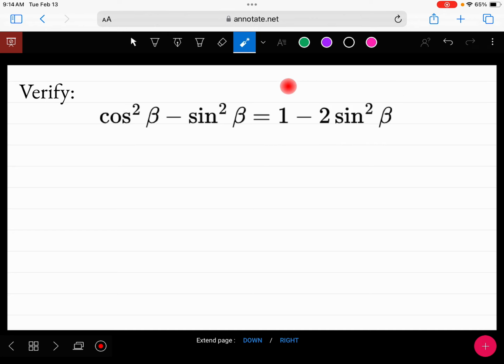So what I notice over here is that everything's in sines. And over here I have a cosine. It's cosine squared, so that can be helpful. But I need it to be in terms of sines.